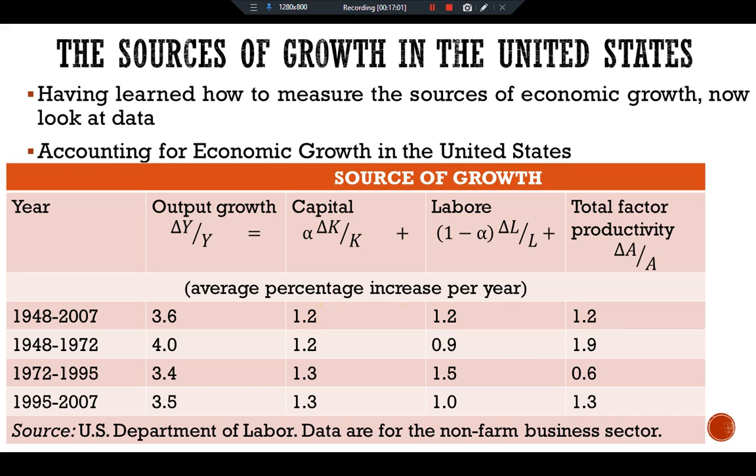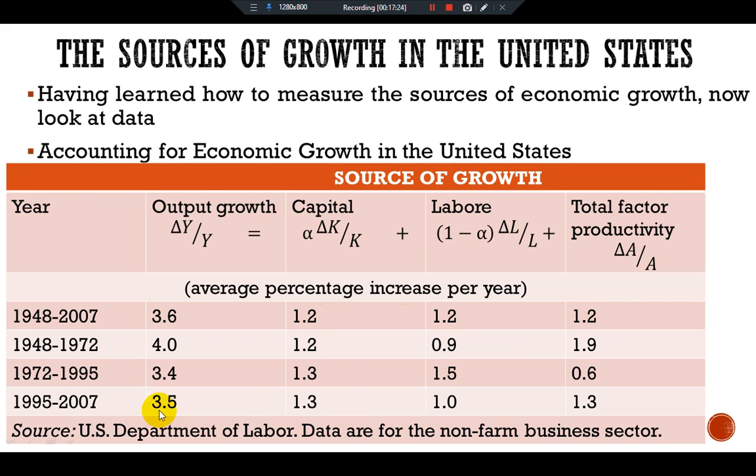These data show that increases in capital, labor and productivity have contributed almost equally to economic growth in the United States.